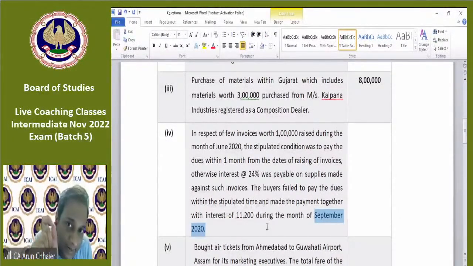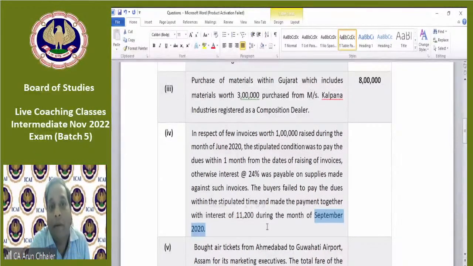Now, what is the time of the supply? Is it June or is it September? The answer is given by section 12 subsection 6 or section 13 subsection 6. Both are the same provisions that talk about the time of the supply.